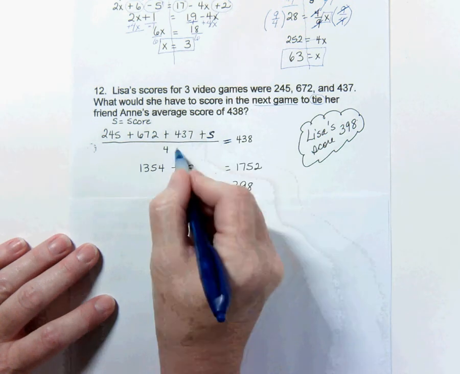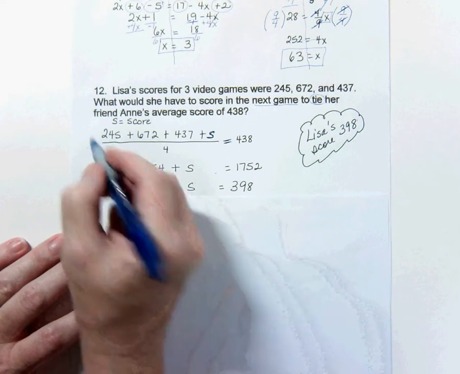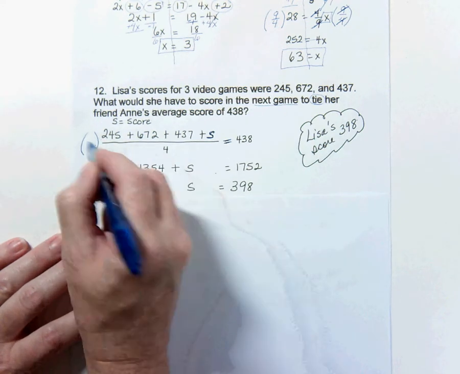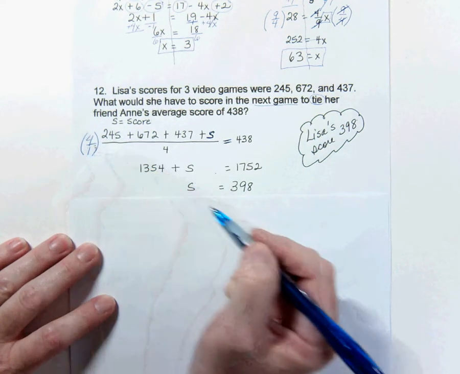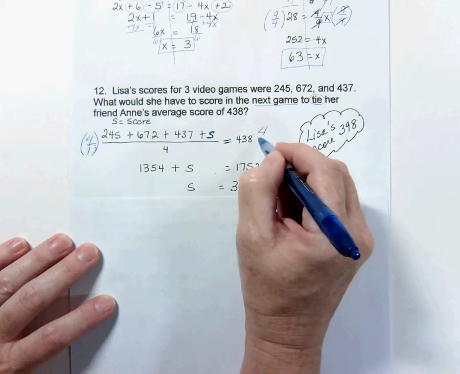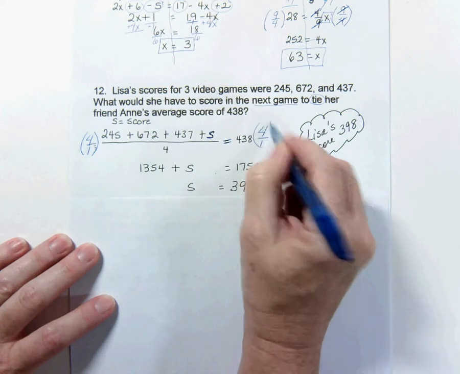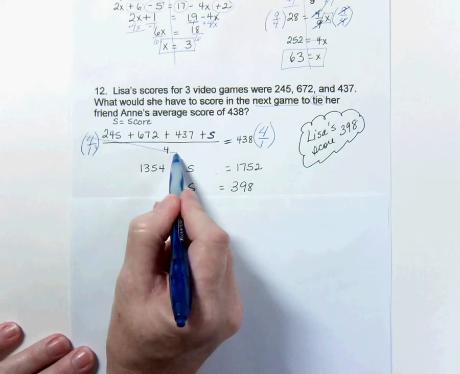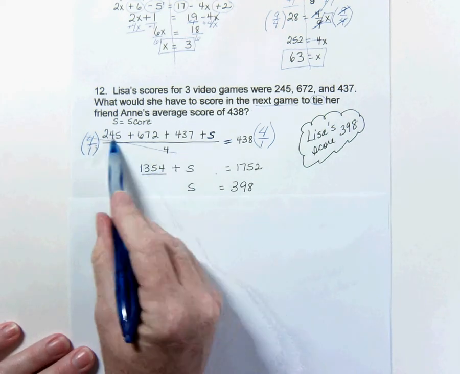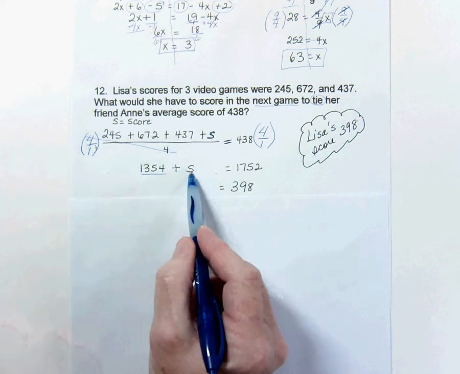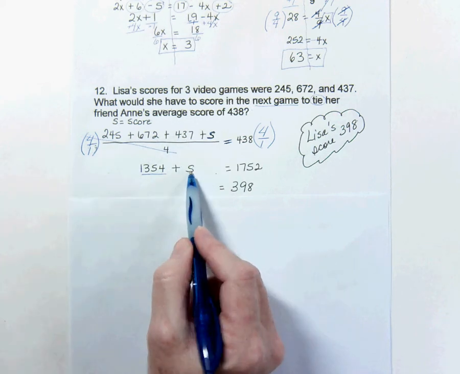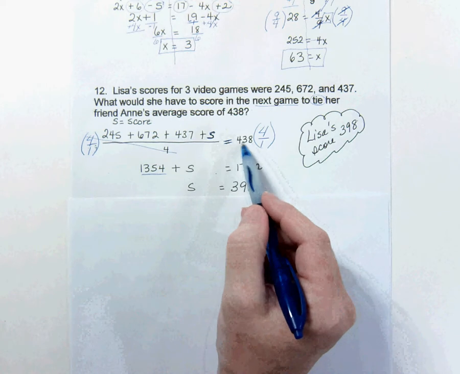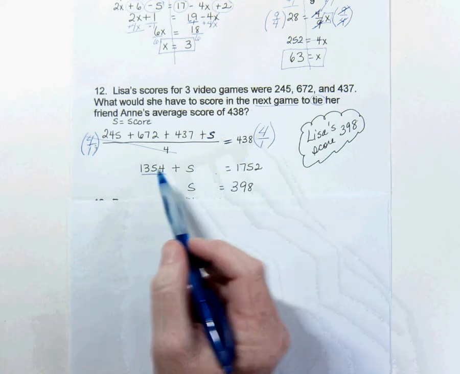Let's get rid of our fraction. Just like in number 11, you multiply by 4. You can put 4 over 1 if you want. Multiply by 4 on both sides. I've balanced out my equation. The 4's go away. So you're left with adding up your numbers plus the s that we don't know, and then multiplying 438 times 4. Here you're going to subtract.